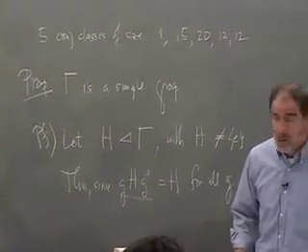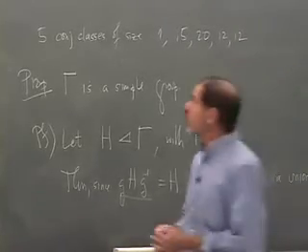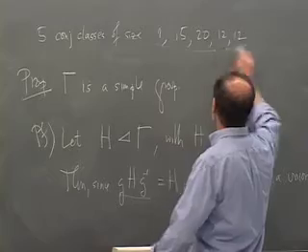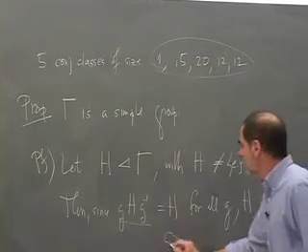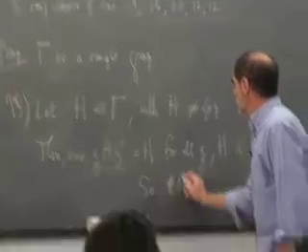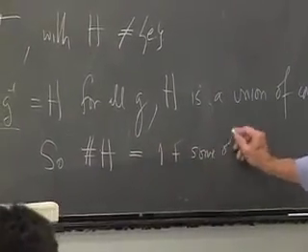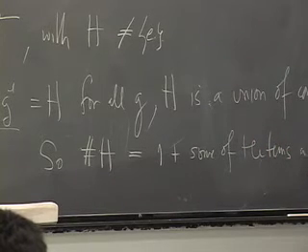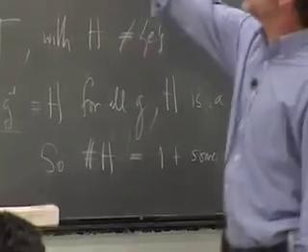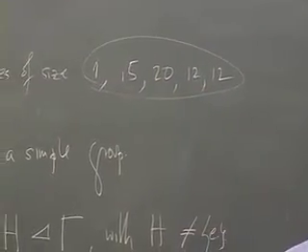Agreed? Okay, so then I have to figure out what could be the order of H. So I have to put together a subset of these numbers that adds up to the order of H. So the order of H is equal to 1 plus a sum of the terms above. Maybe it could be 1 plus 15, or 1 plus 20, or 1 plus 12 plus 15, something like that.